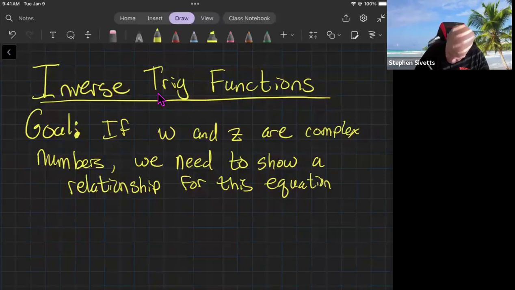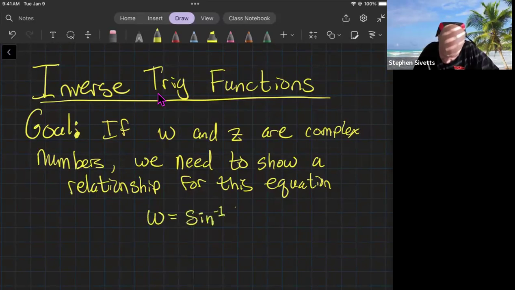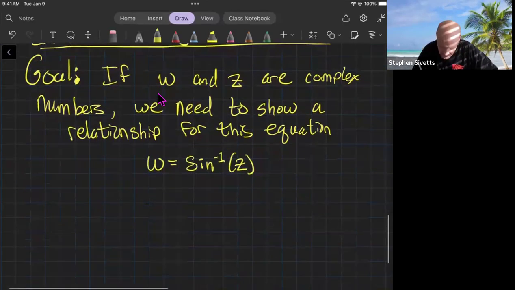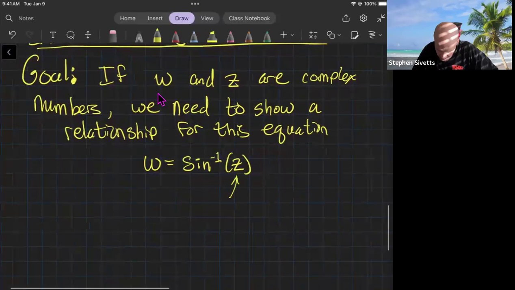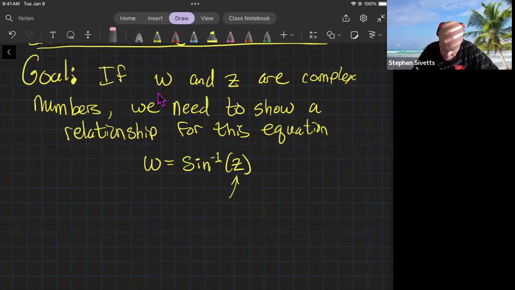We want to figure out what w is equal to if w is equal to inverse sine of z. In other words, we want to figure out a z in the z plane such that inverse sine of z is equal to w.